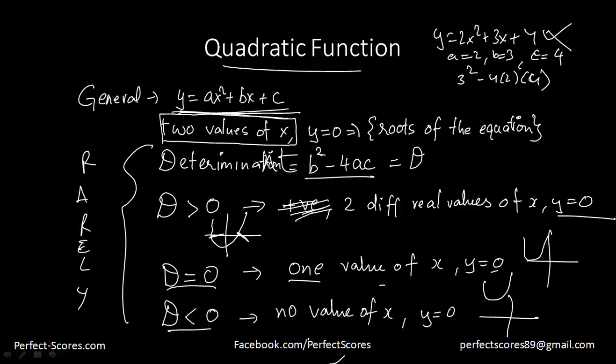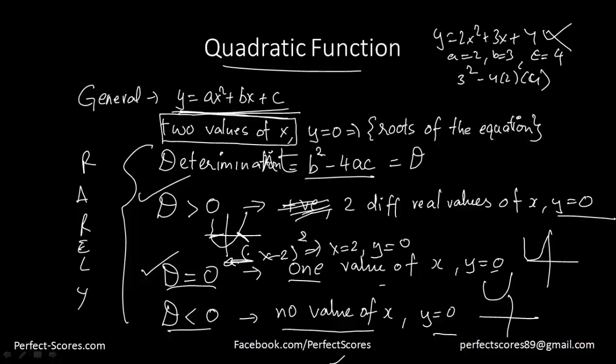And when the determinant is less than 0, there is no value of x where y is 0. So basically, this says that there are two distinct roots. This says there is just one root of the equation, that is nothing but, let's say, x minus 2 whole square. There is just one value, x is equal to 2, that is going to make y equal to 0, right? So just one root out of it, and over here there is no root at all.